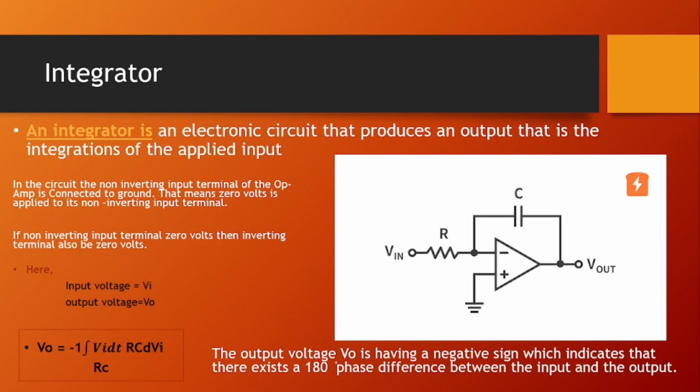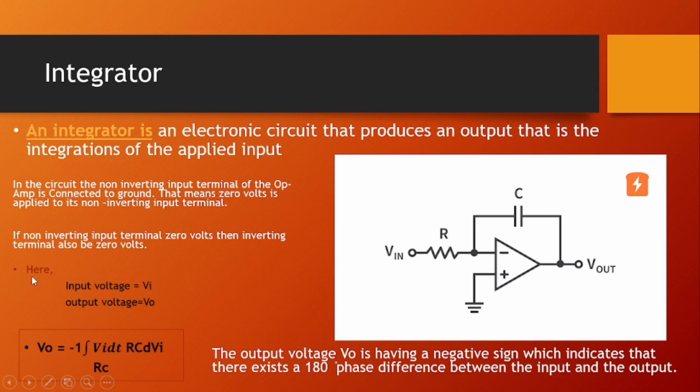My name is Rafael Gumadan. For the integrator, an integrator is an electronic circuit that produces an output that is the integration of the applied input. In the circuit, the non-inverting input terminal of the op amp is connected to ground. That means 0 volts is applied to its non-inverting terminal. If the non-inverting input terminal is at 0 volts, then the inverting terminal will also be at 0 volts.